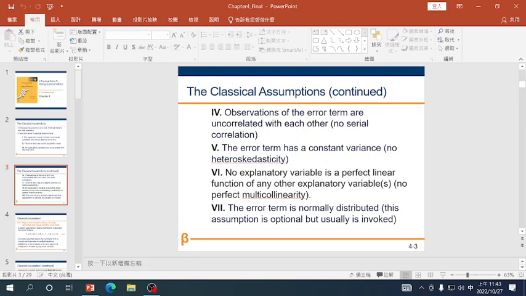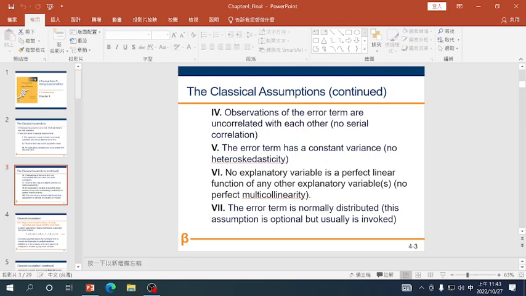In math, if I have two variables, one called x1, the other called x2. When we say perfect linear function of any other explanatory variables, it means x2 equals a plus b x1, or some other functional form in math.